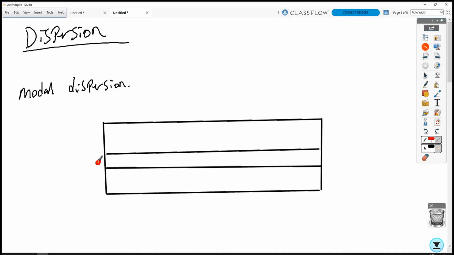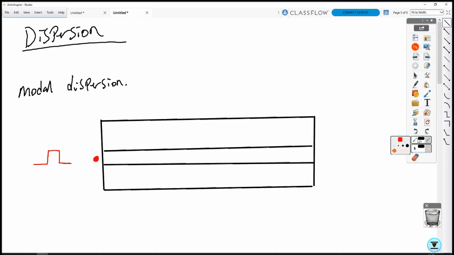So if we had our little pulse here, that's the signal of our pulse. It's an on and off, so it's a flash of a light. Now from that flash, we get some light going straight through, like so.